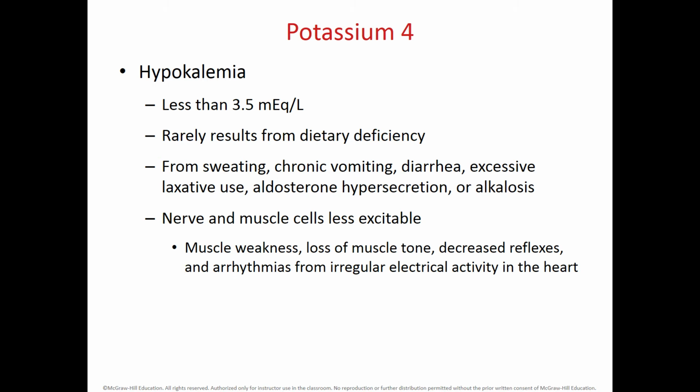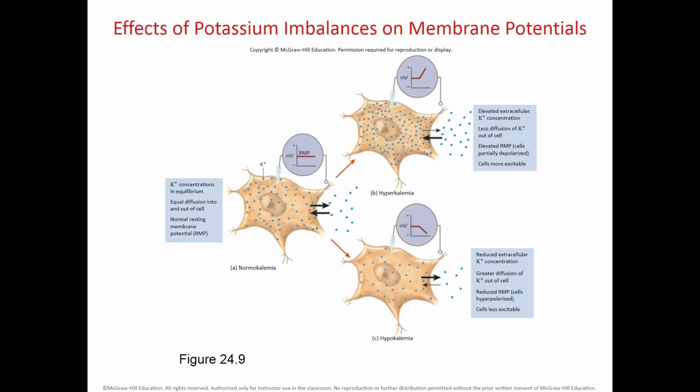In this case, low levels of potassium will make your nerve and muscle cells less excitable, which will lead to muscle weakness, loss of tone within the muscles, decreased reflexes, arrhythmias as well, and then possibly cardiac arrest.